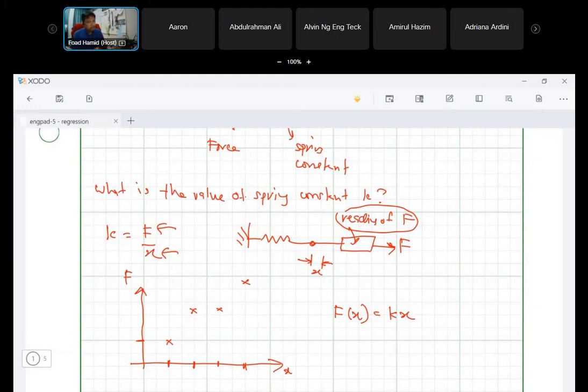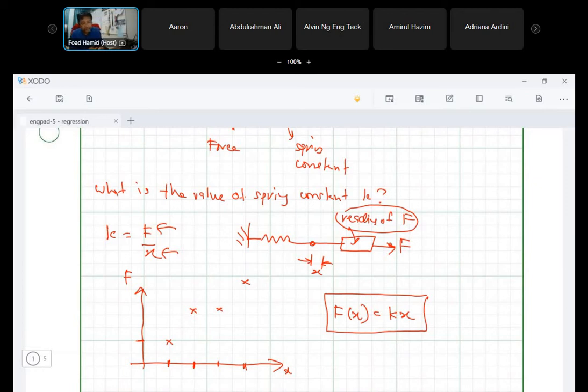So what can you say about this plot that I just drew here? Is it a straight line? Because if you look at the physics, we know that this is a linear line, a straight line, because x is to the power of 1.